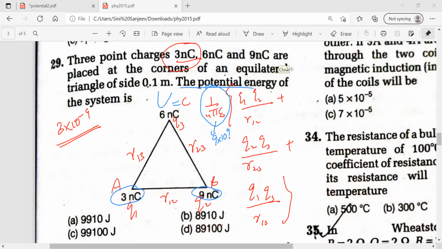What is the option, Srikanth? Then their answer is correct. Yes. Only one answer till now.